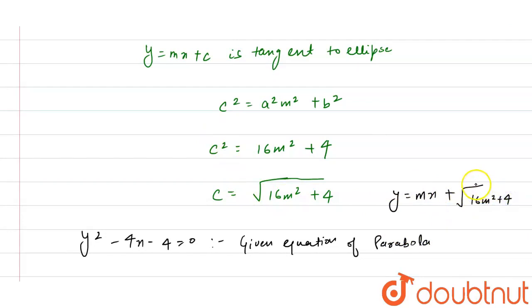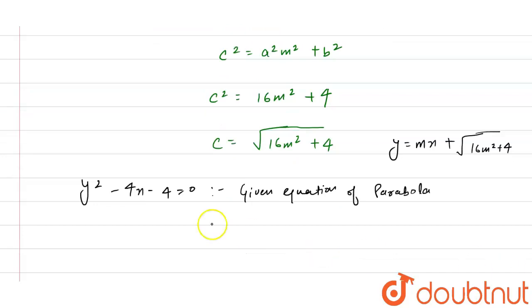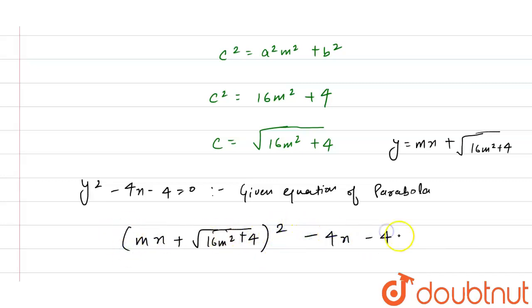Now putting this value of y here, we get mx plus under root 16m square plus 4, whole square, minus 4x minus 4 equals 0.